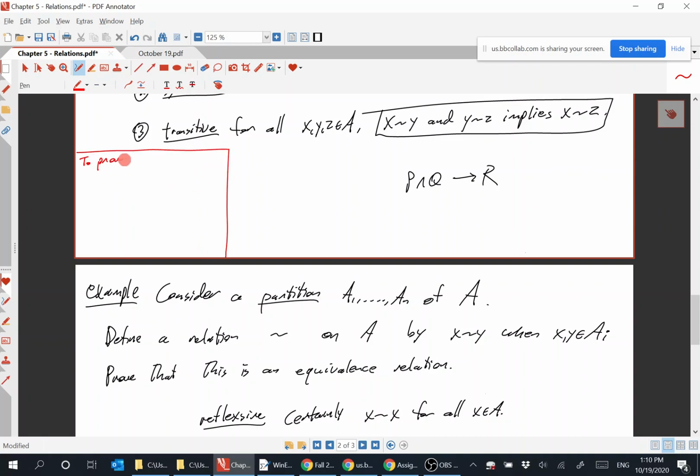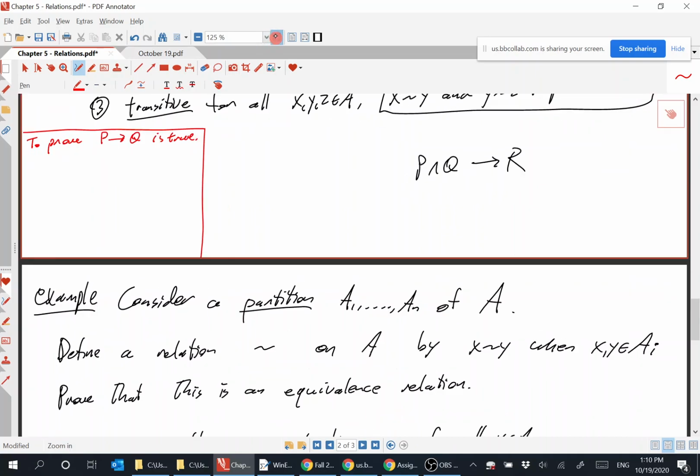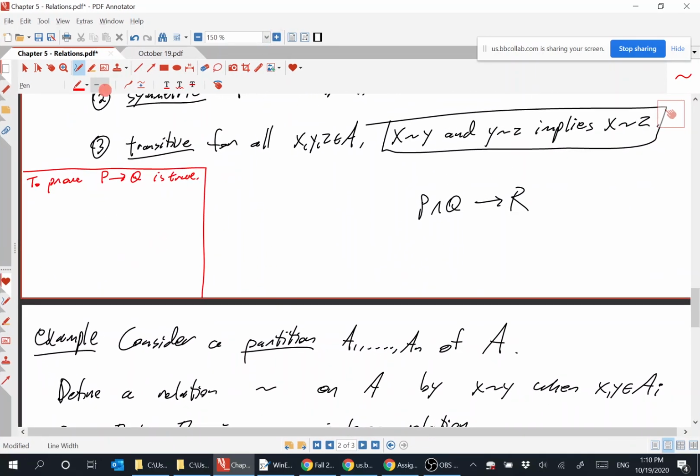So to prove P implies Q is true, there is the direct proof. Assume P, show Q. There is contrapositive.